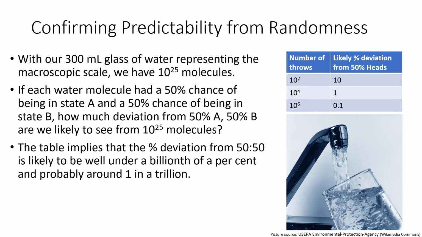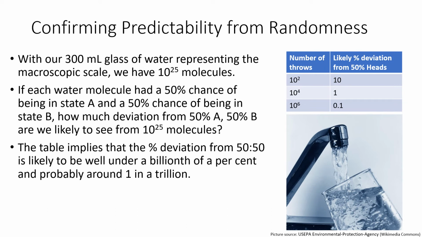Each time we step up from 10 to the power 6 by a couple of powers, our percentage deviation goes down by a factor of 10. If you step from 10 to the 6th up to 10 to the 24, how many steps is that? That's 9 steps of 2 powers, isn't it?